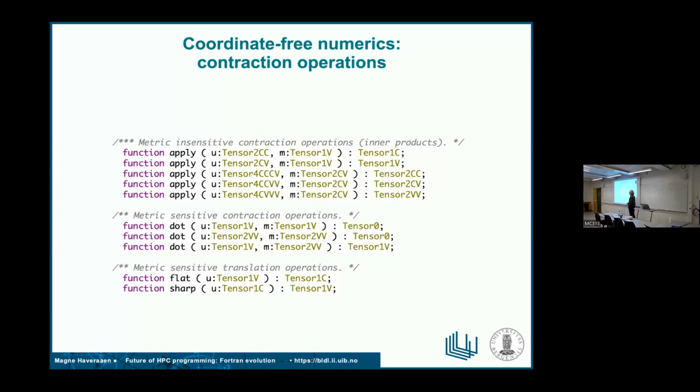We are creating new dyadic tensors. This choice here was driven by the example domains I was looking at. So other example domains may have other combinations of functions here. These are coordinate system independent, metric dependent operations here, the dot products. They are metric sensitive.